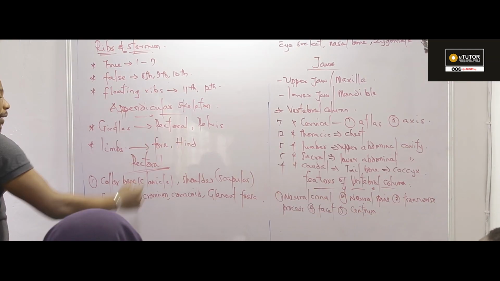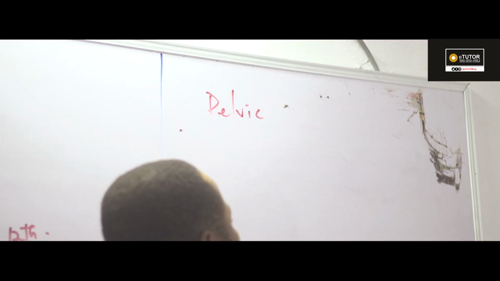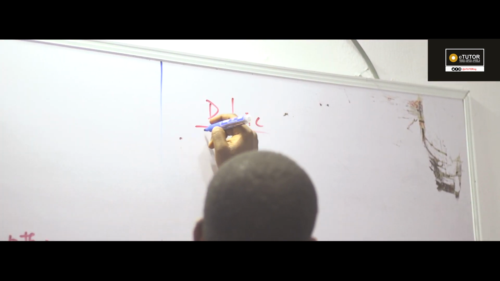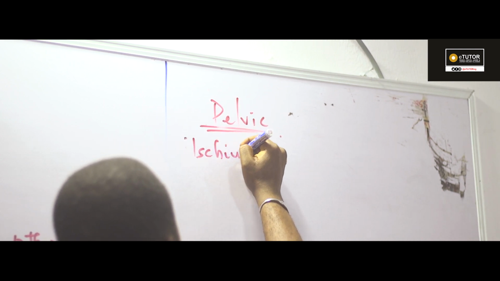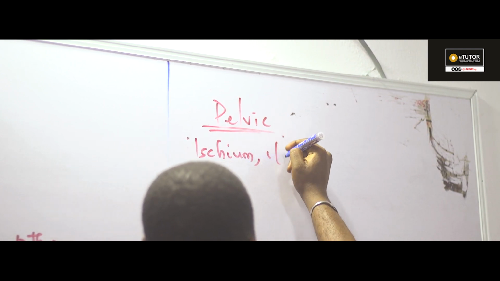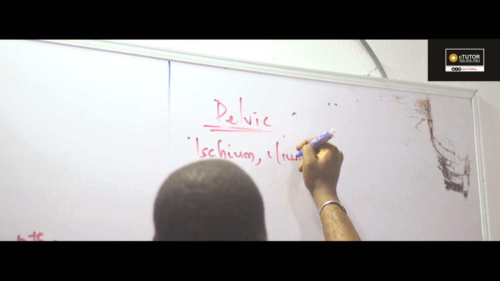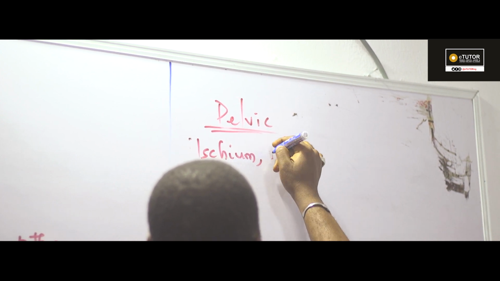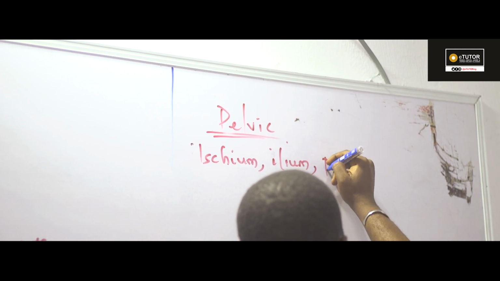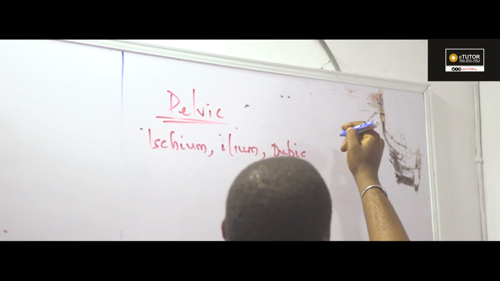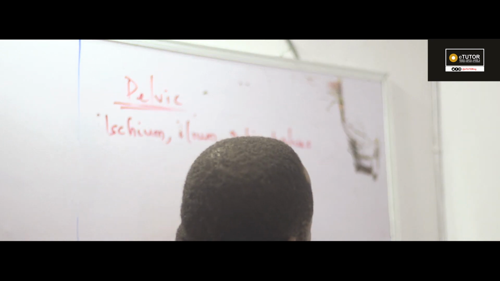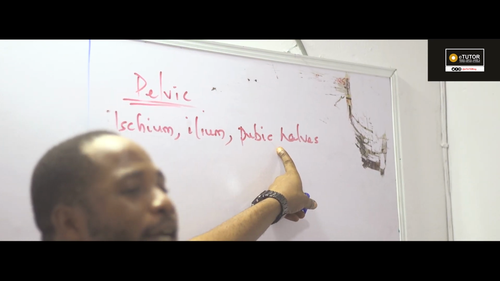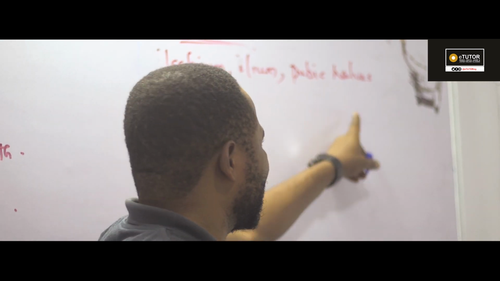Then the next one is the pelvic bone, the bone of the hips. This consists of bones like ischium, ilium, and pubis, which are joined together at a point called the pubic symphysis.